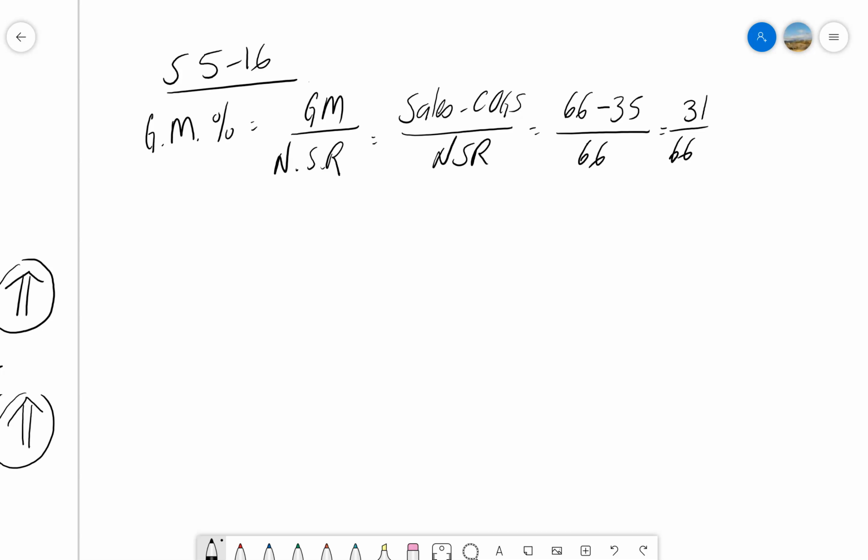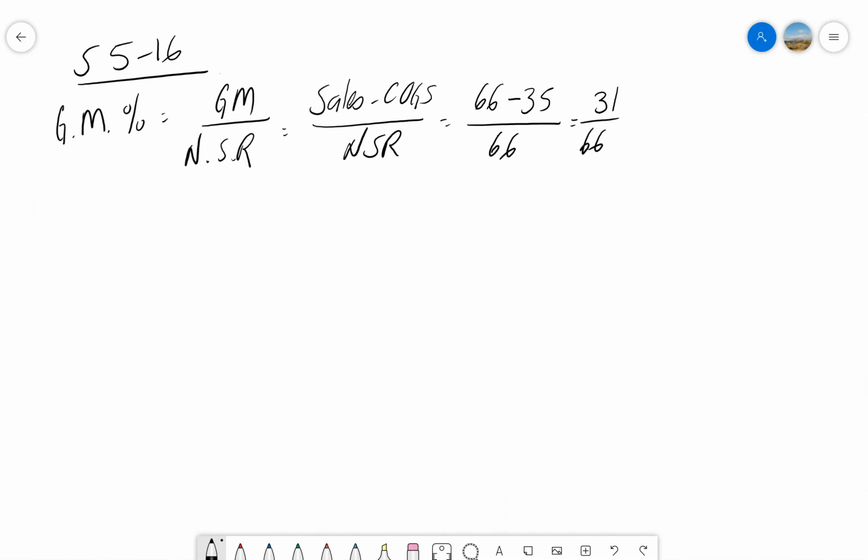And with the gross margin percentage, it should be expressed as a percentage. If you work it out, you would get 0.47. And so that would equal 47.0%.